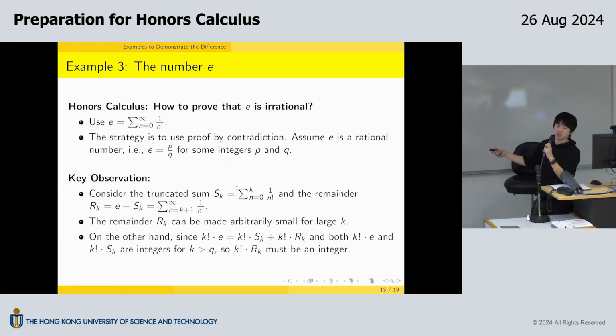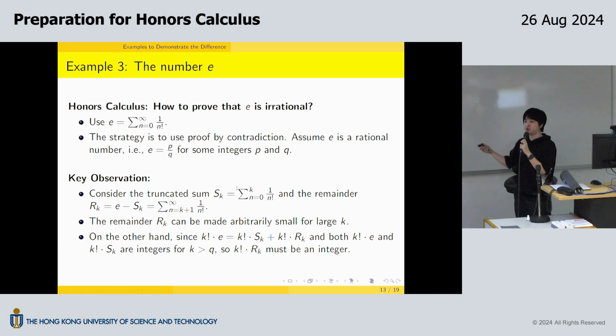It is divided into several steps, and you need to make some key observations to think about how to go with the proof. Right? So you have 3 steps. The first step is proof by contradiction. The second step is to truncate the series into partial sums and remainder. And then you need to estimate the size of remainder.